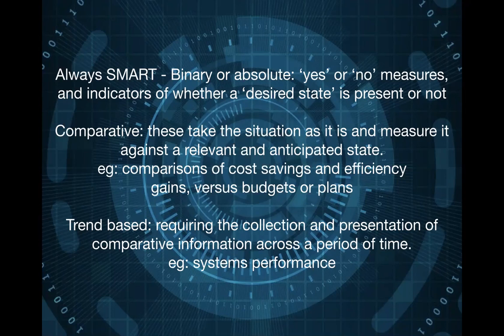And often we see key performance indicators based around systems or process performance being based around trends. In other words, maybe this is a customer delivery of a product or a service, and we monitor the delivery over time. So we're looking at a trend. So is our trend of speed of delivery to a customer, for example, increasing or decreasing?